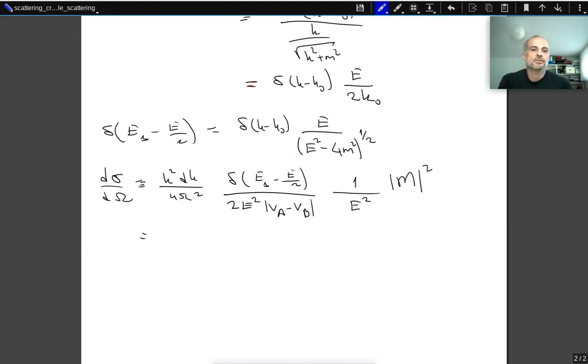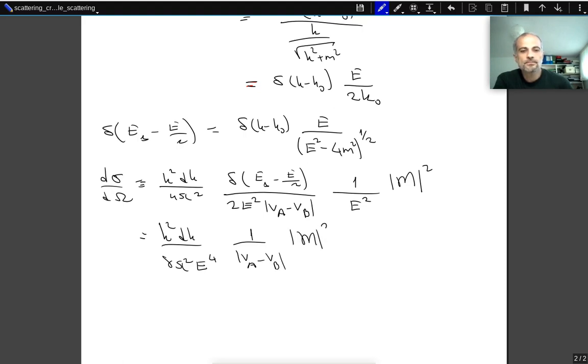So now if we use this expression of this Dirac delta over here, we have k squared dk divided by 8 pi squared, e to the 4, 1 over va minus vb, there is m squared, and then this Dirac delta is Dirac delta of k minus k0, e over e squared minus 4m squared, times 1 over 4.